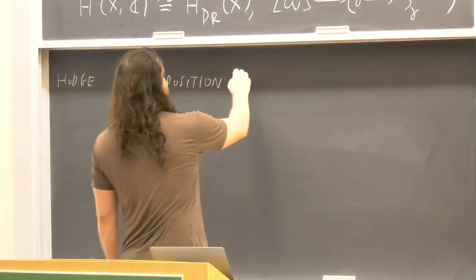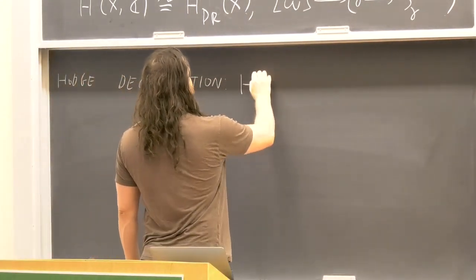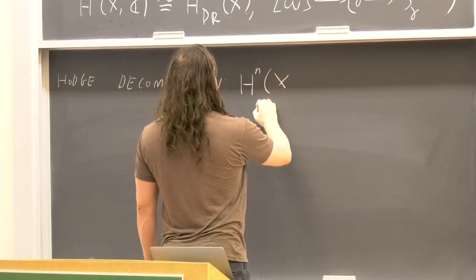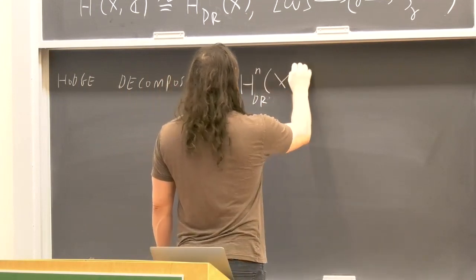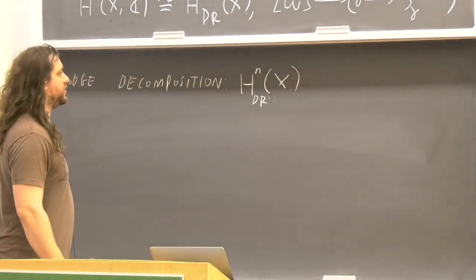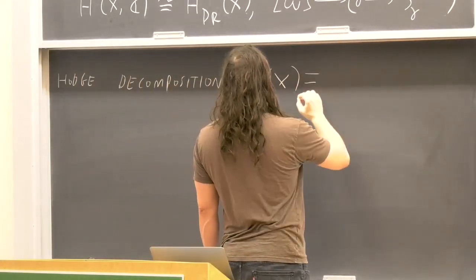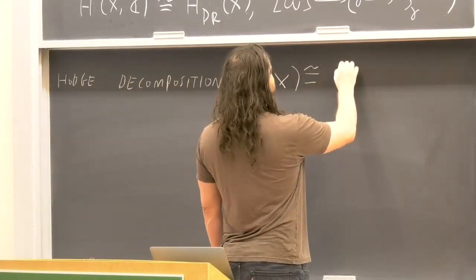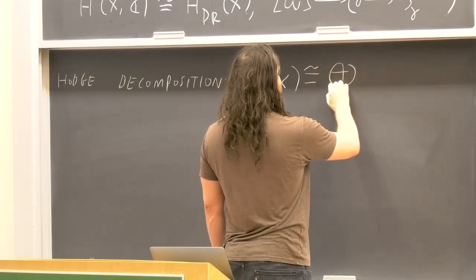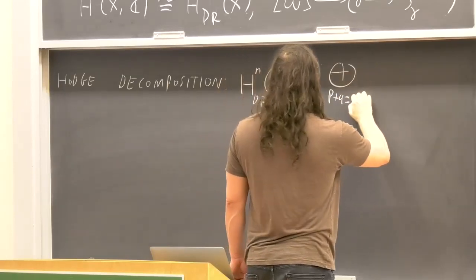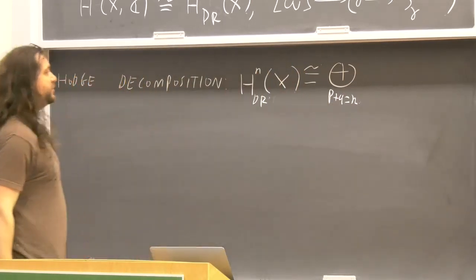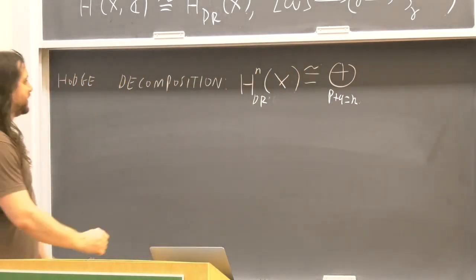When X is given in this form, you can show there is a natural decomposition of the de Rham cohomology of X. I'll say naturally isomorphic to a direct sum, where now you go over pairs of natural numbers p and q that make up this n.